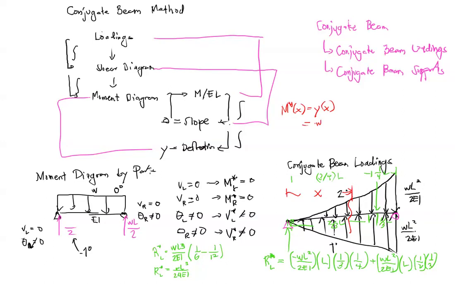So, meron tayong WL cube over 24 EI times X. Then, upwards yung sa triangular load. So, yung height is WL squared over 2EI. Tapos, meron ka pang 6L dito. Tapos, positive na pala to. X cube.